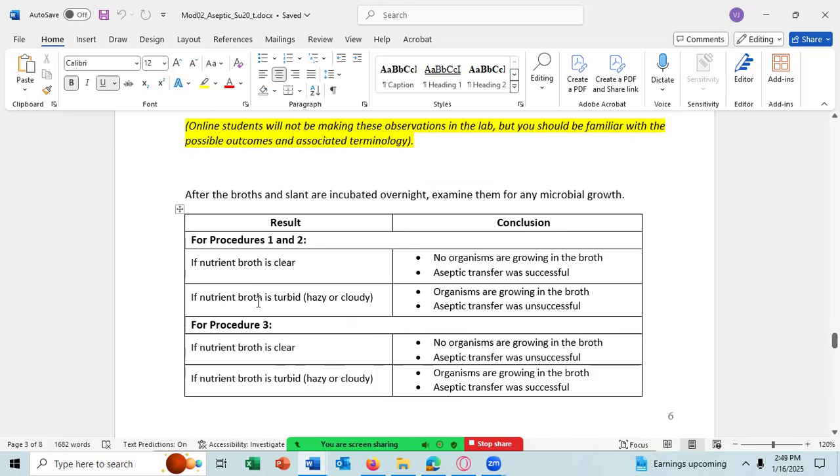For procedure 1, if the nutrient broth is clear, the conclusion is no organisms are growing in the broth, and aseptic transfer was successful. If in procedure 1, on the other hand, the nutrient broth is turbid, where it's hazy or cloudy, then the conclusion is organisms are growing in the broth and aseptic transfer was unsuccessful.